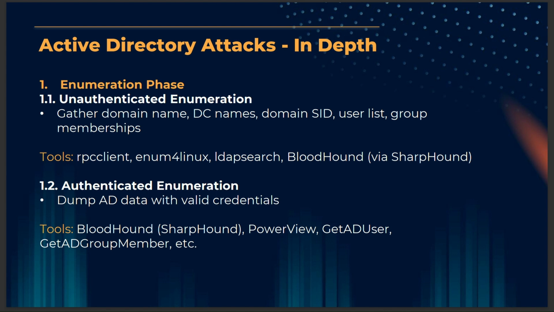Attackers can gather a wealth of information without even authenticating. Tools like enum4linux, LDAP Search, and BloodHound are used to map out the environment, and with valid credentials, tools like PowerView and SharpHound allow deep insight into permissions and trust paths.